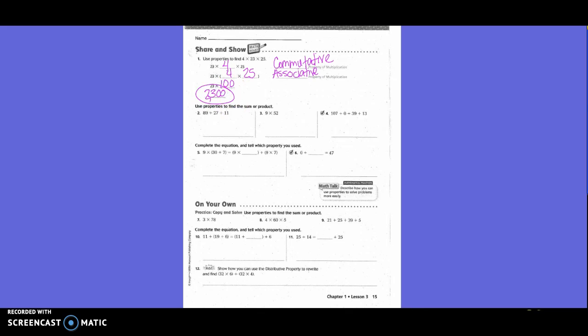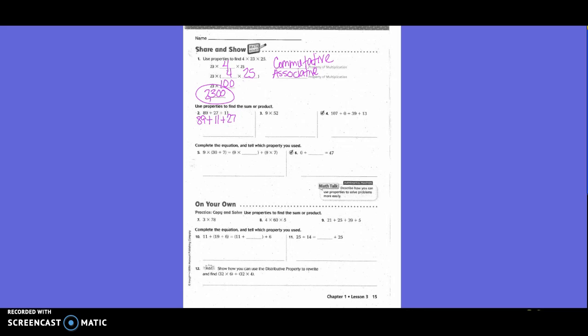So use properties to find the sum or product. Now on these, they're not making you identify it. You just have to give your answer, okay? So what would I probably group together? 89 and 11. So I'm going to go ahead and write 89 plus 11 plus 27.